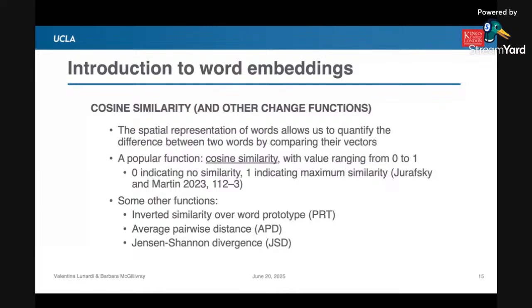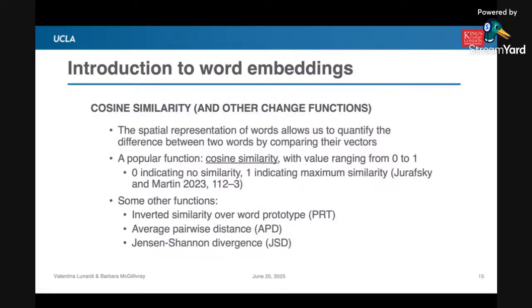Now, let's narrow down a little bit and say, okay, I've talked to you about all these embeddings, but how do you use them for semantic change, right? Well, the fact that these words have a spatial representation means they're now essentially numbers. So we can quantify the difference between two words by comparing their vectors.